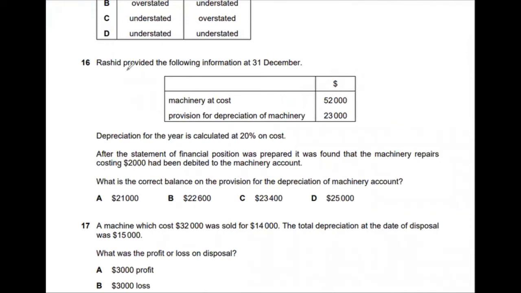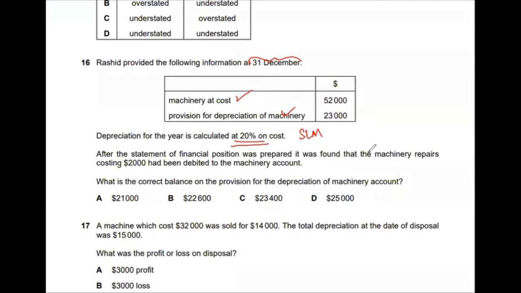Multiple choice 16. Rashid provided the following information at 31st December. We have machinery at cost, and then we have provision for depreciation. Depreciation for the year is calculated 20% on cost. This is basically SLM, straight line method, which means that the depreciation stays the same throughout the year.